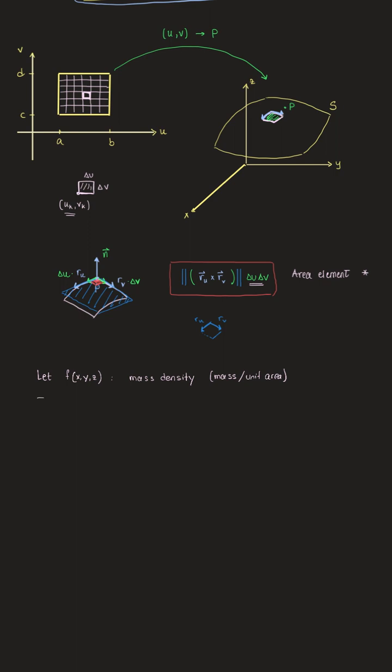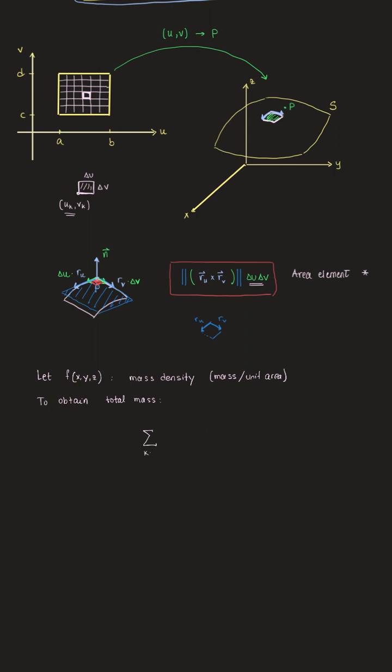To obtain total mass, we can get an approximation by saying, if I take the value of this function at a point in one of these little parallelogram patches and multiply by that little area, then I have an approximation to the total mass.